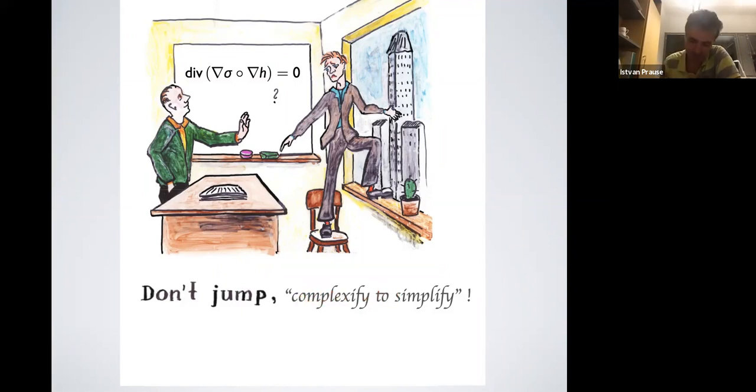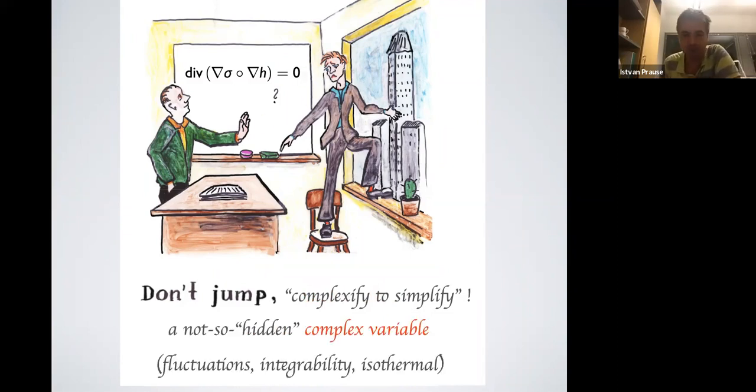So we introduce a complex variable in terms of which everything will become much simpler. Now it's a bit of a hidden complex variable, but not that hidden, because if you think about fluctuations, there should be some non-trivial complex structure according to the physics predictions. Or as I said, in the integrability of the model, there also appears some complex variable.